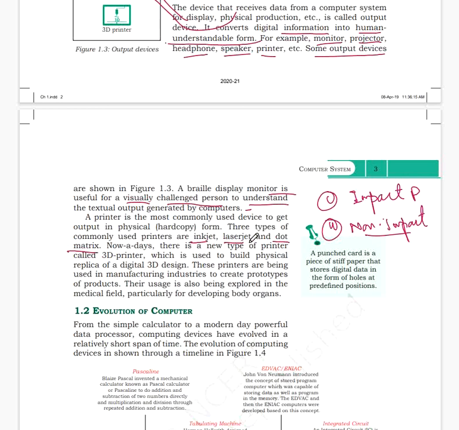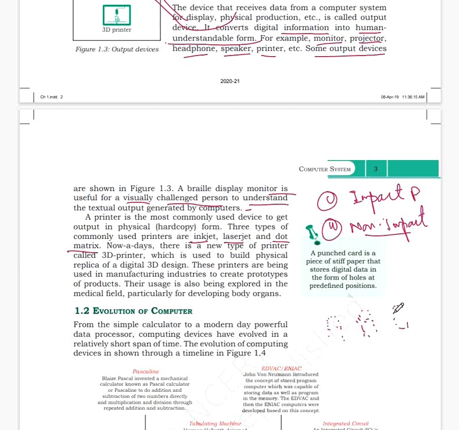Here laser beams are used, and in the dot matrix printer it is printed in the form of dots like this.